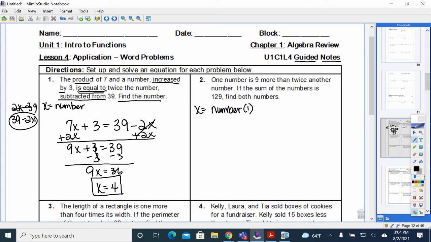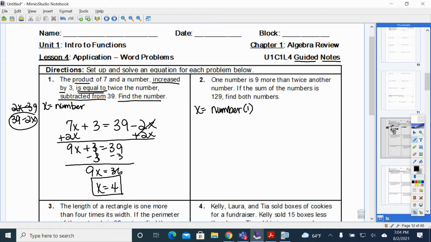We'll say the first one. One number is 9 more than twice another number. If the sum of the numbers is 129, find both numbers.